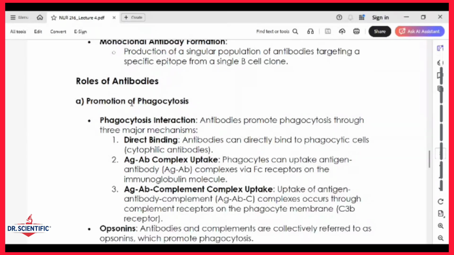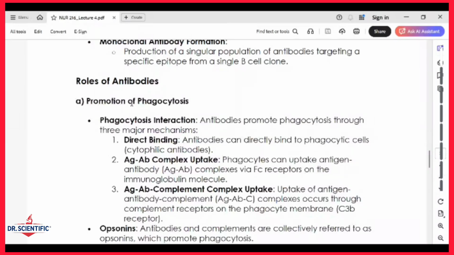So first, they promote phagocytosis. And they promote phagocytosis by doing various things. First of all, antibodies are able to directly bind to phagocytic cells. And once that happens, whatever has been bound can be phagocytosed.